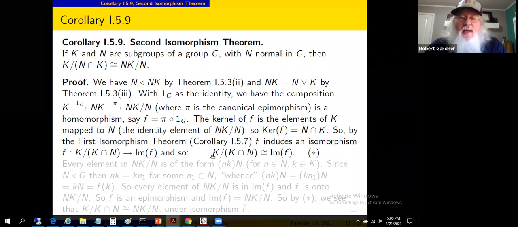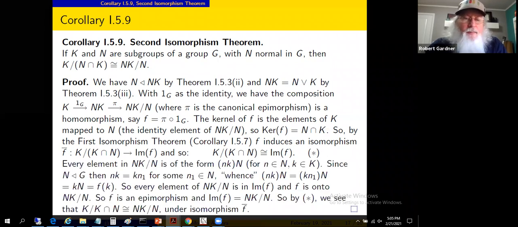So we've got K mod K intersect N isomorphic to the image of F. That's the left-hand side. We're going to quote this in a couple of lines, so let's give it a name, asterisk.